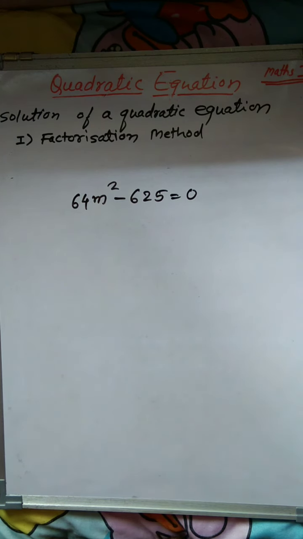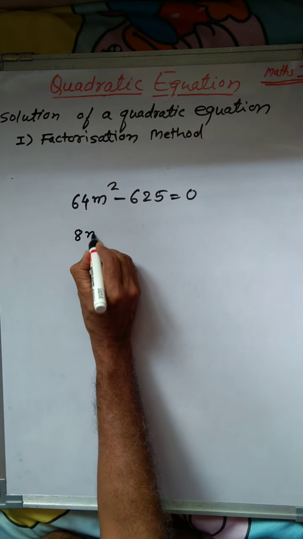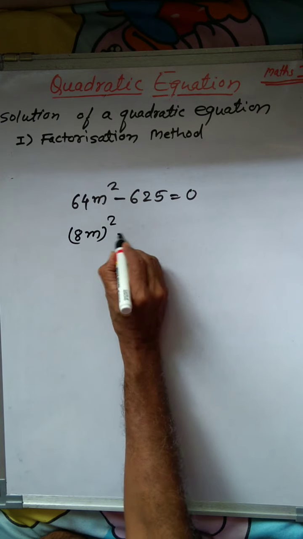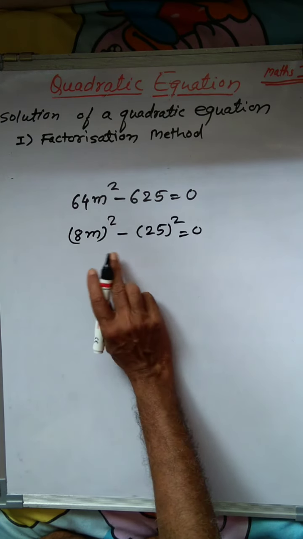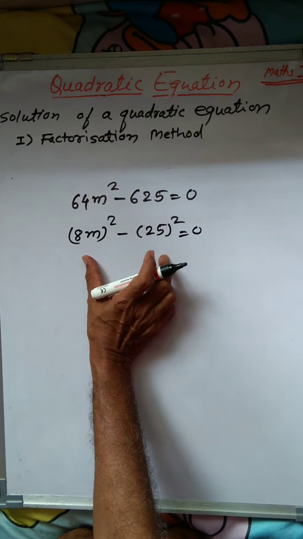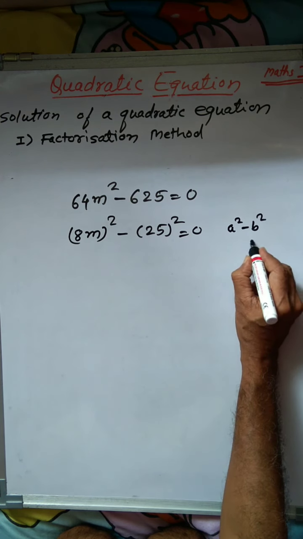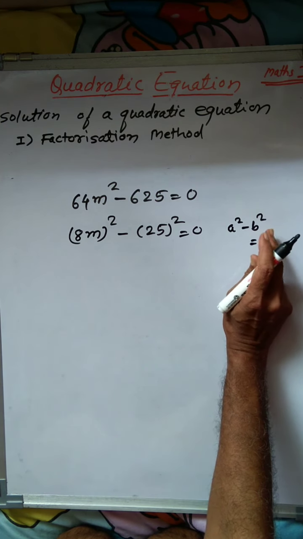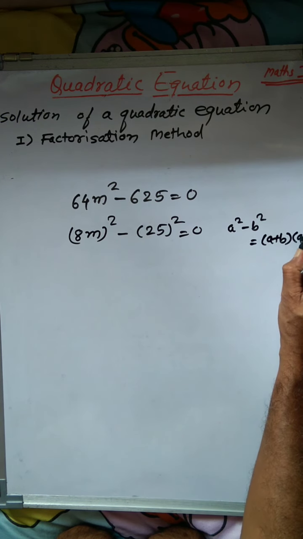Here in 64m square minus 625, there is a difference between two squares. 64m square is the square of 8m, so (8m) square minus (25) square. This is the difference of two squares in the form a square minus b square. The factors of this are the first bracket a plus b into the second bracket a minus b.